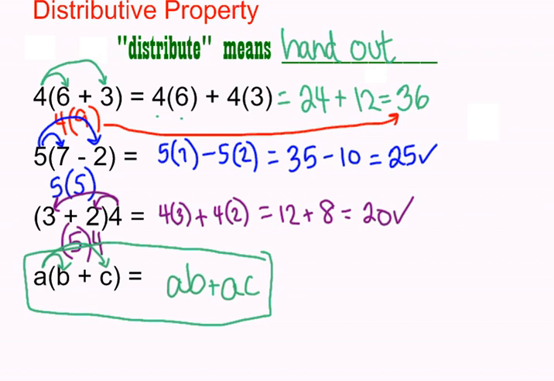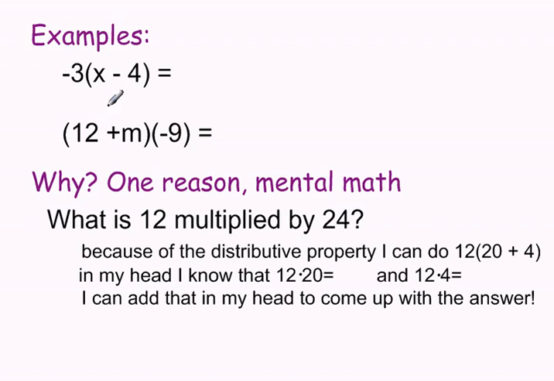On this next page, we've got some other examples with variables. Negative 3 times x is negative 3x. Negative 3 times, now remember the symbol actually belongs to this number, so I'm going to do negative 3 times negative 4. That's actually going to give me a positive 12.